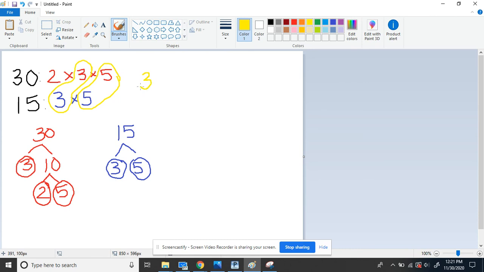So 3 times 5, and that is going to give me my greatest common factor, which is 15. So my GCF, greatest common factor, for 30 and 15 is 15.